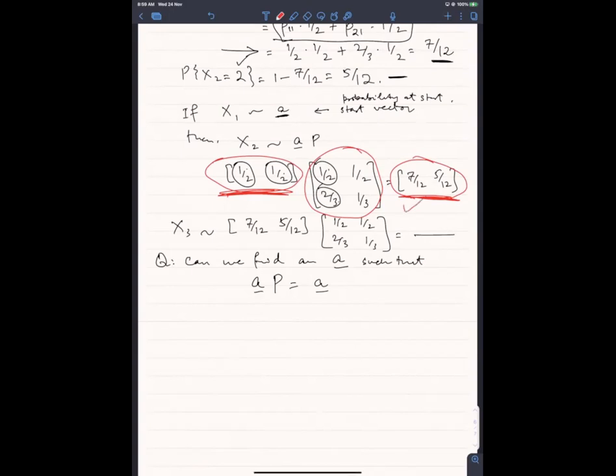That means you have become stationary, and this distribution A, which results in this, is called stationary distribution. You start from this stationary distribution, you will always stay in that stationary distribution.